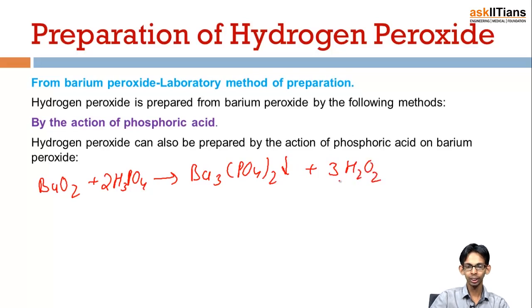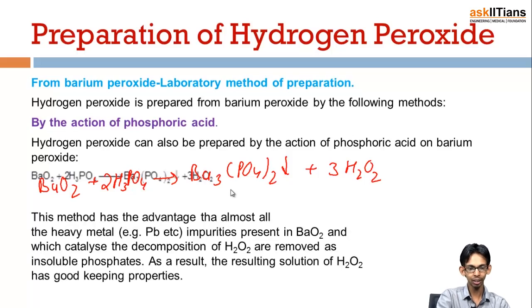This is a method which can also be used, and in this we can use anhydrous barium peroxide very easily. This method has the advantage that almost all the heavy metals like lead, etc., present as impurities in BaO2, which catalyze the decomposition of hydrogen peroxide, are removed as insoluble phosphates. As a result, the resulting solution of H2O2 has good keeping properties.